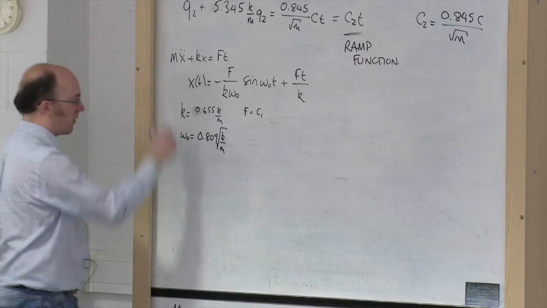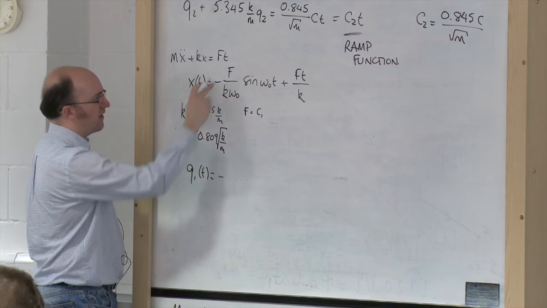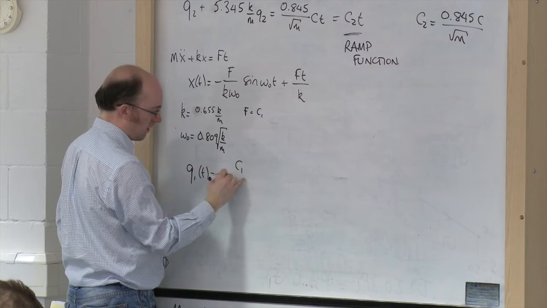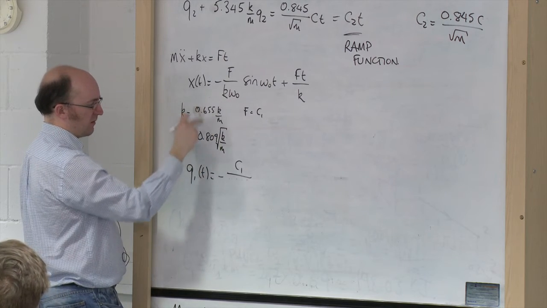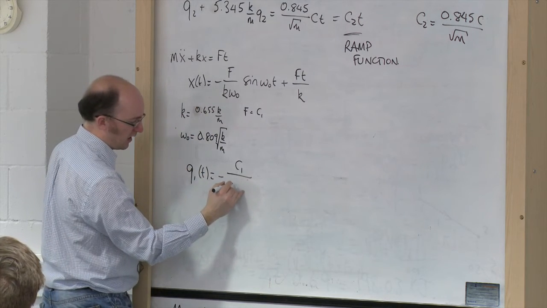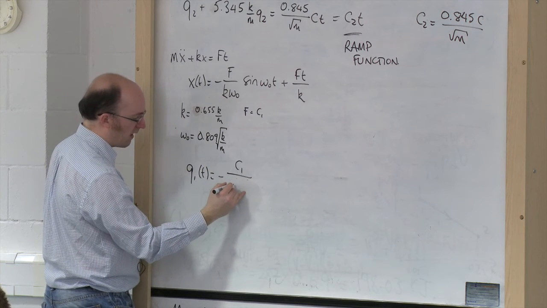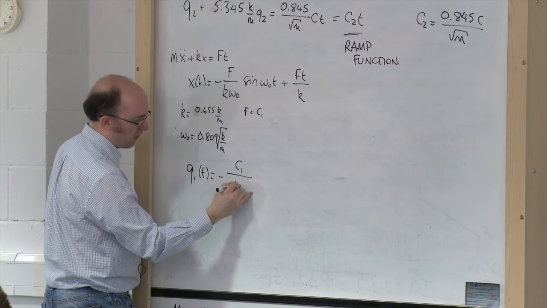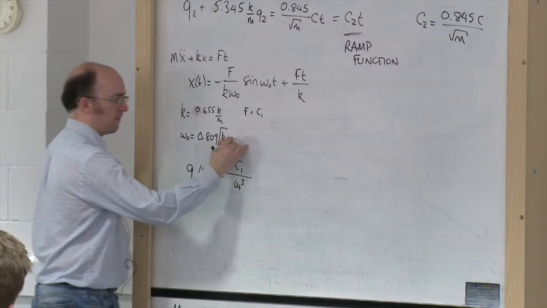So you can plug it into this equation to find Q1: minus C1 divided by k times omega naught. Well, that's going to be this term times this term, so that's basically this term cubed. I call that omega 1 cubed. This is omega 1.